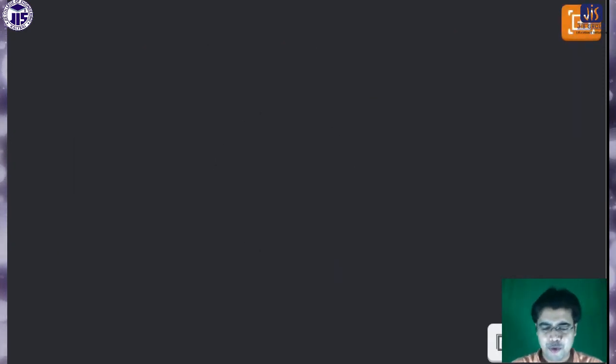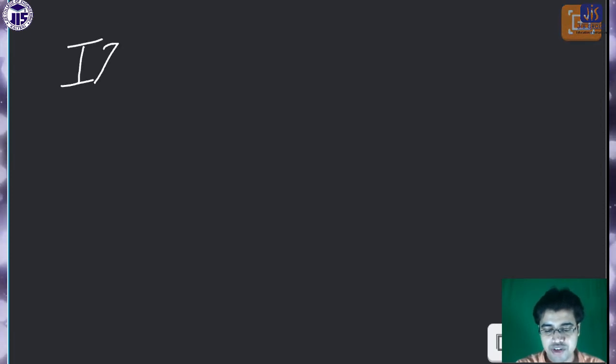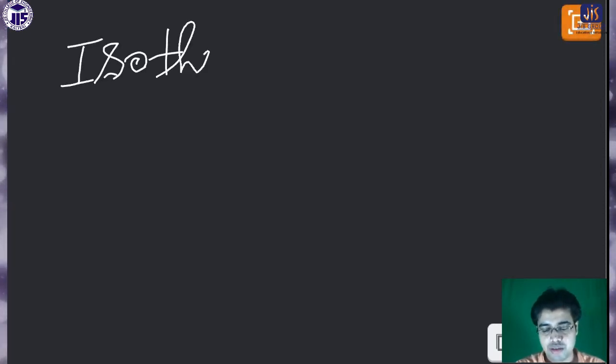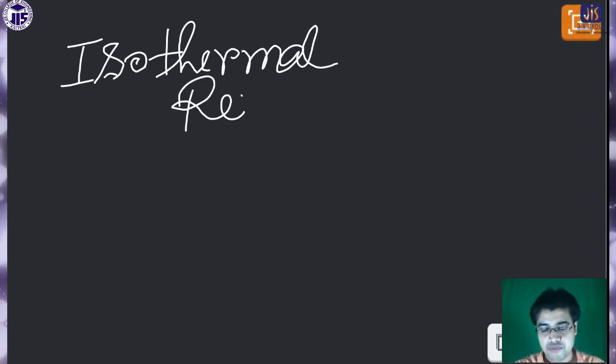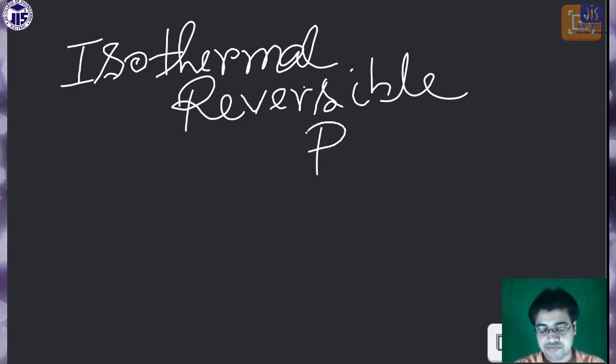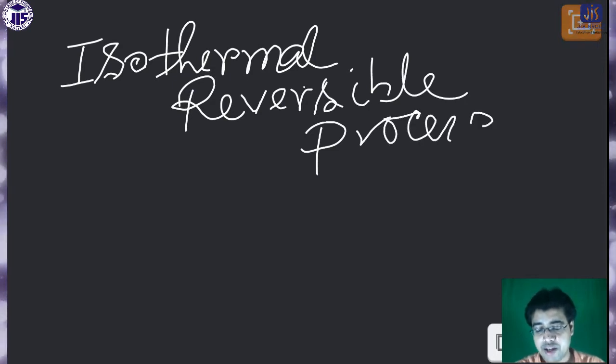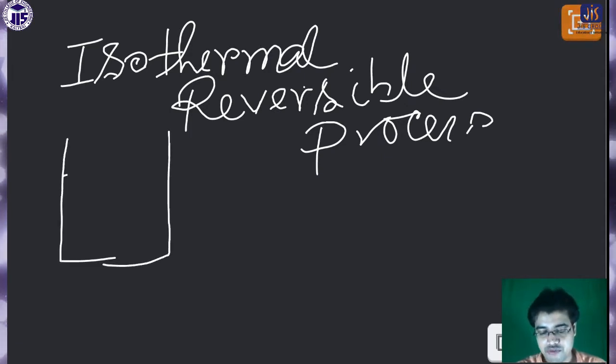First of all, when we consider the isothermal reversible process, you have to keep in mind what I already told you in the previous class: a reversible process means that the process will proceed in very small steps, infinitesimally small stages.